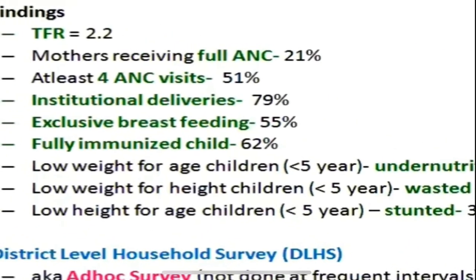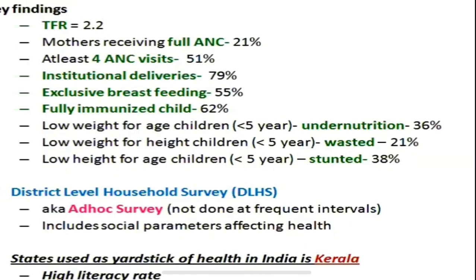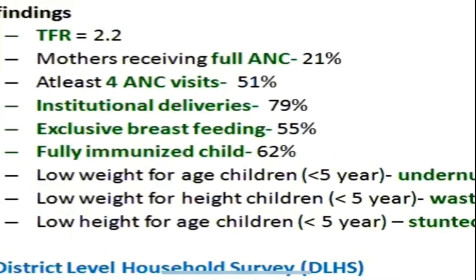What were the key findings of NFHS? The total fertility rate was observed to be 2.2. The mothers who received full antenatal care services were 21%. So we see the quality and utilization of these services.